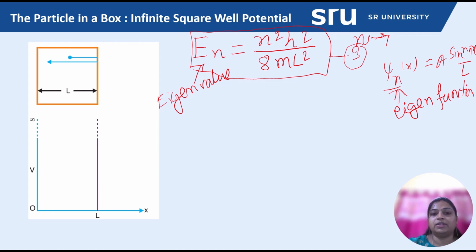When it would be 0, then n would be equal to 0, so there is no state like n equal to 0. Now let us find the wave function, and we know from wave function properties that it has the property of normalization.